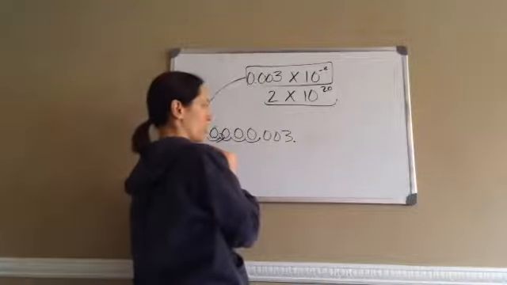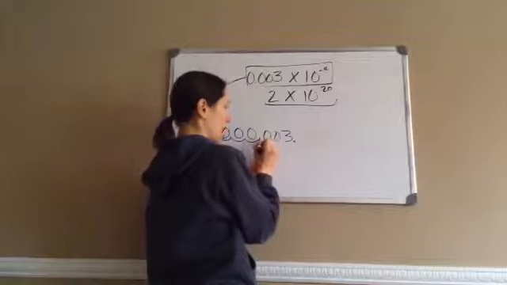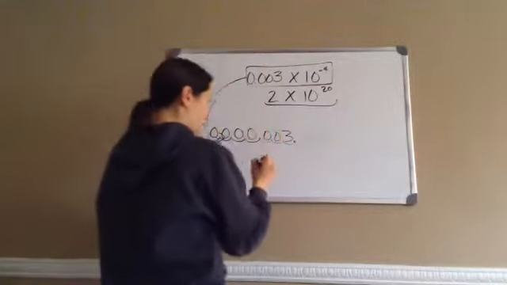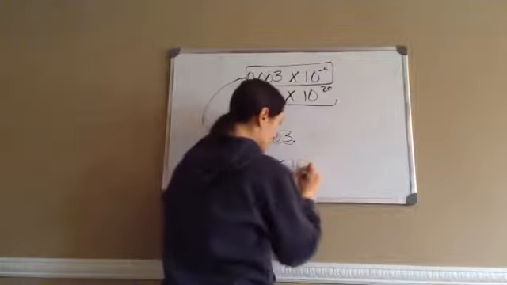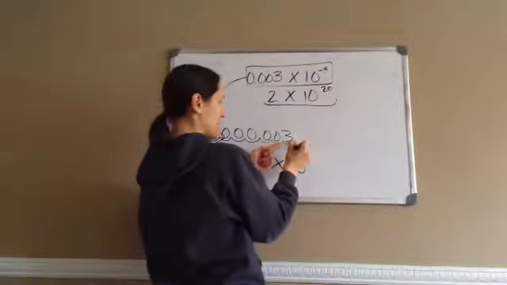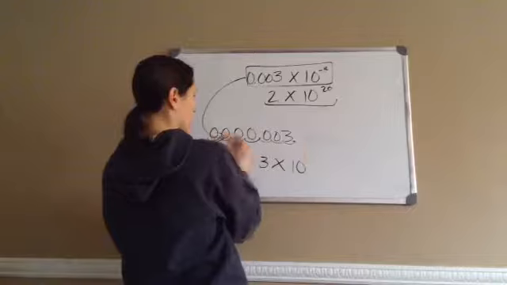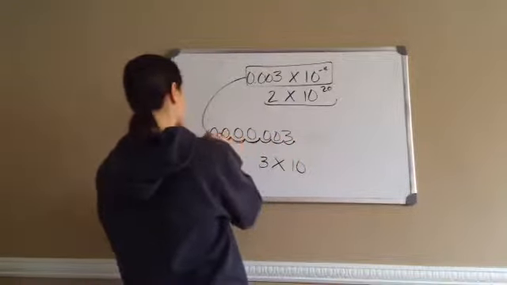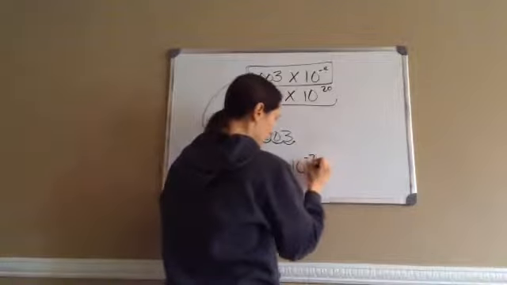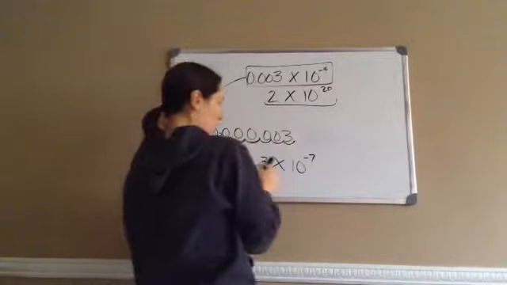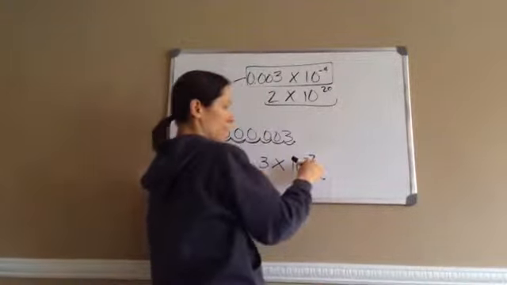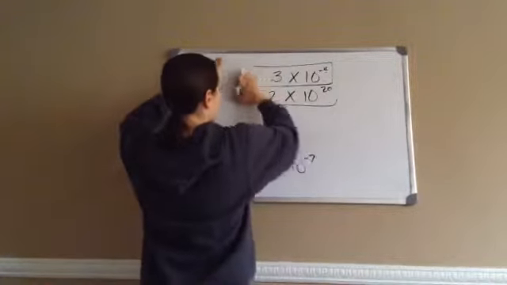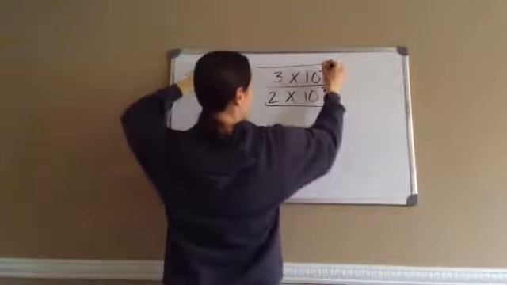So watch what happens. 1, 2, 3. So I have 3 times 10, and as you can see, it's not just 4, it's 1, 2, 3, 4, 5, 6, 7, negative because you're going to the left. So this 3 times 10 to the negative 7 is now written properly. So I'm going to go up here and write 3 times 10 to the negative 7.